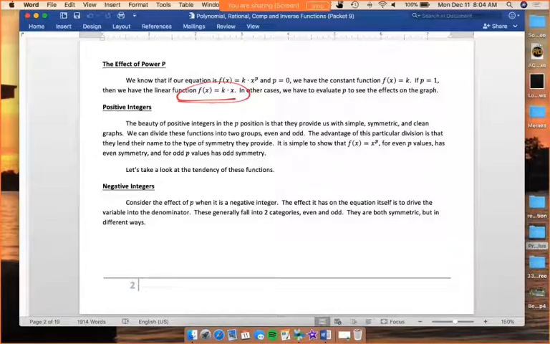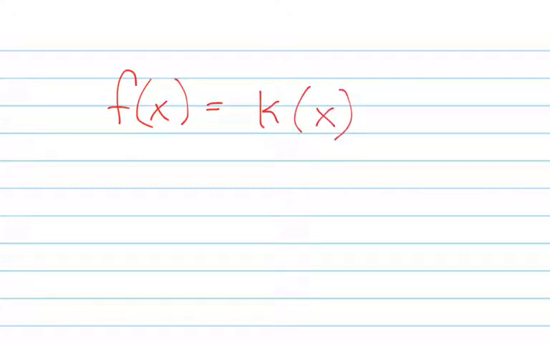Of course, we get even symmetry if p is even. We get odd symmetry if p is odd. So, for instance, if I had a power function where the exponent was, say, 4, and it doesn't really matter what k is at this point.